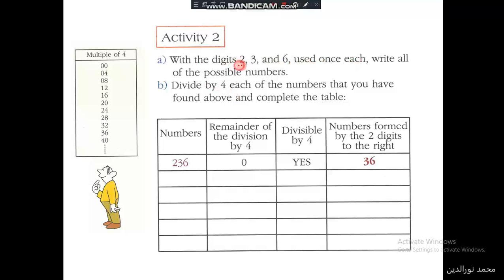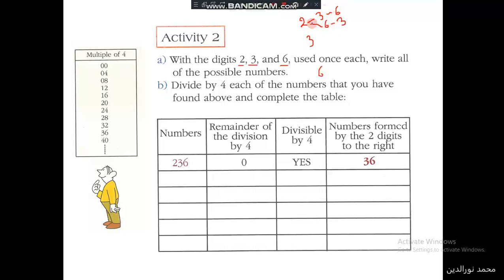If I want to use these digits once and write all the possible numbers, we could start with 2, or 3, or the first digit to the left could be 6. If we use 2, we can use 3 or the second digit could be 6. So here we used 2, 3, then we put 6, and here we put 3.